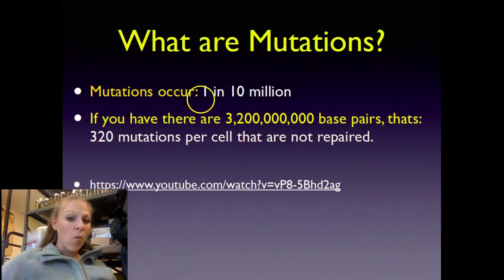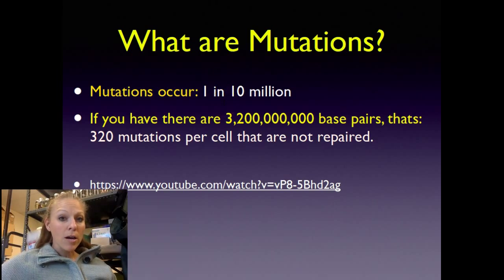Mutations occur about 1 in 10 million. And so there are ways that your body works to fix these mutations. However, not all of them are fixed. If you watch the video that is right here, it talks about the different ways that our body has evolved to fix the mutations. However, some of them are not fixed.